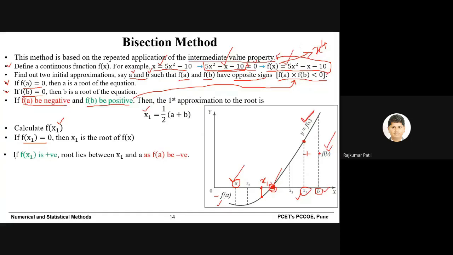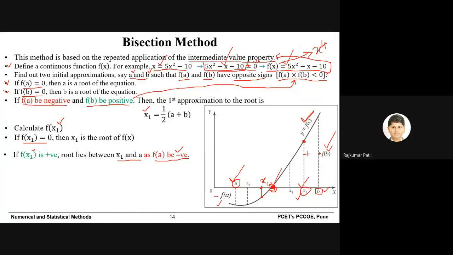If f(x1) is positive, as you can see in the figure, then the root lies between x1 and a, as f(a) is negative. If f(x1) is positive, then for the previous approximation the value of f is negative.